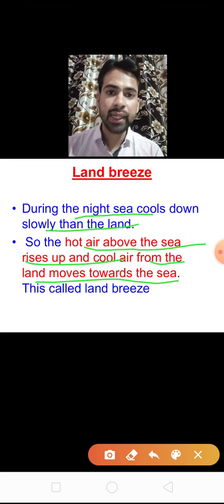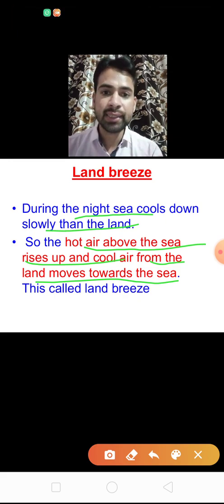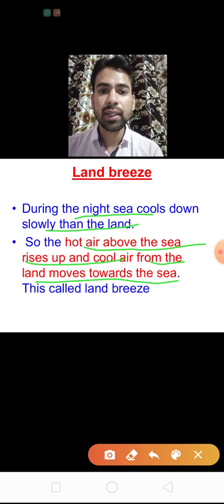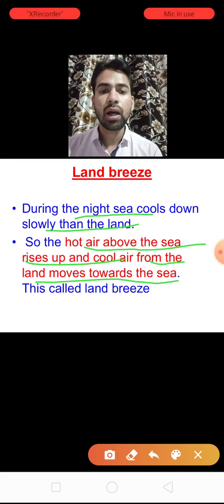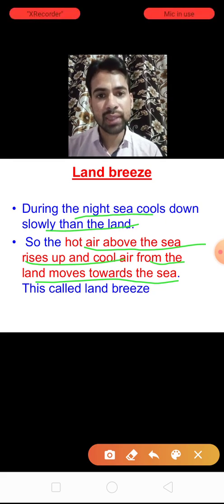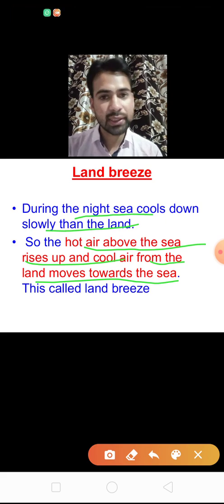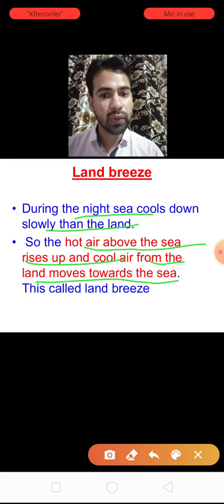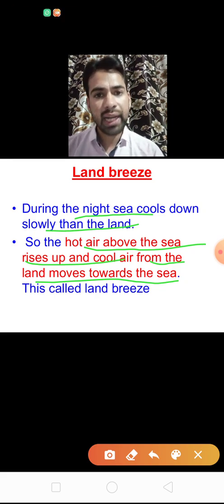Any problem regarding that? It's very simple, very easy. See once again, land breeze occurs during the night, in which the hot air above the sea rises up, and cool air from the land moves towards the sea. Means from the land, air moves towards the sea. This is called land breeze.